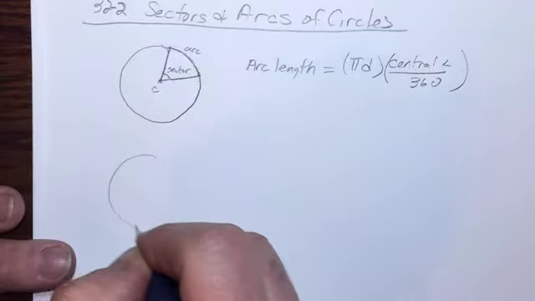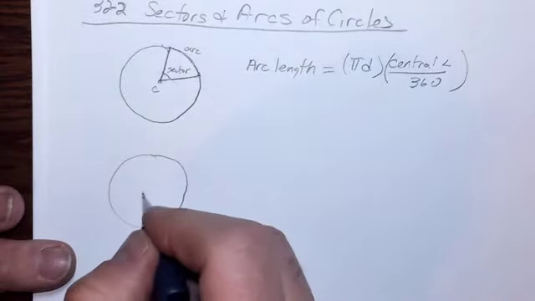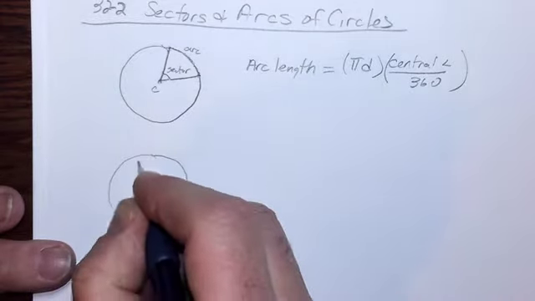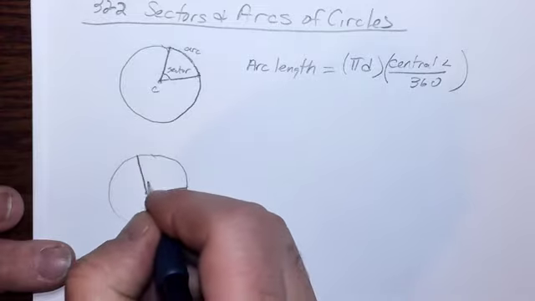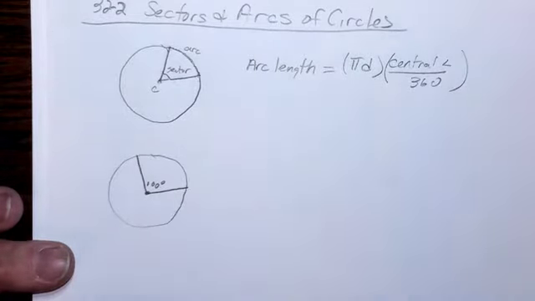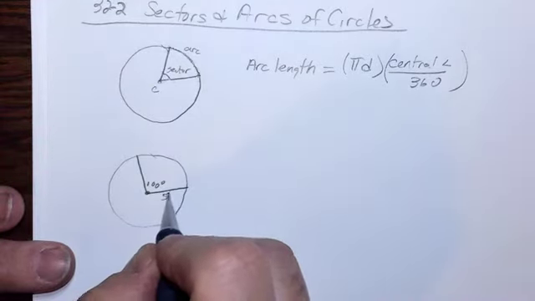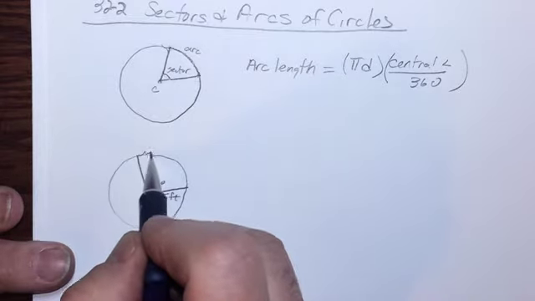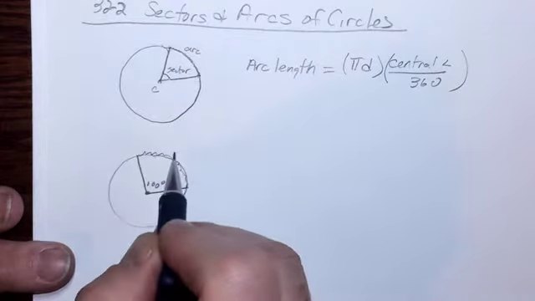Let's say that I had a circle and I had my central angle, let's say it was 100 degrees. And I told you that this radius was 5 feet. I want to know what's this arc length right here.